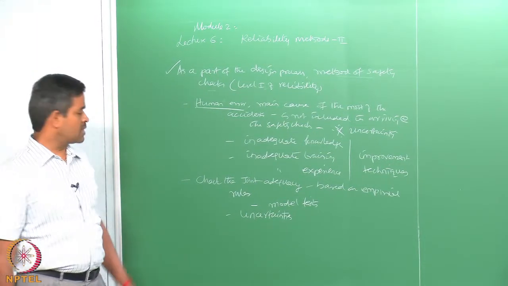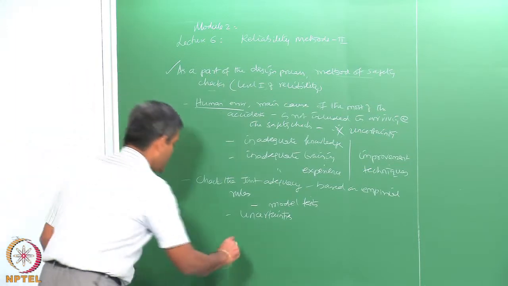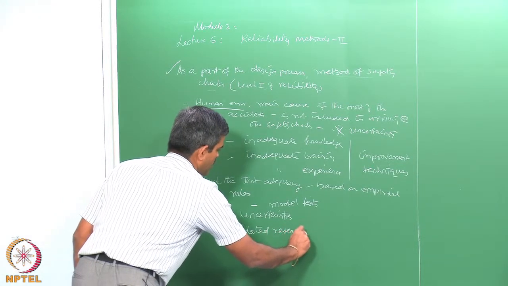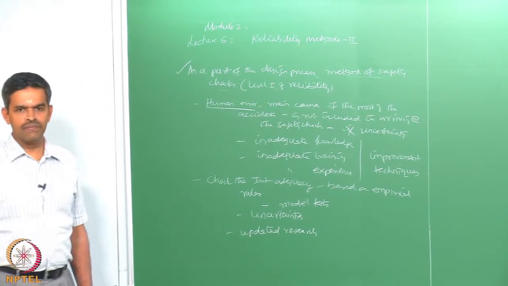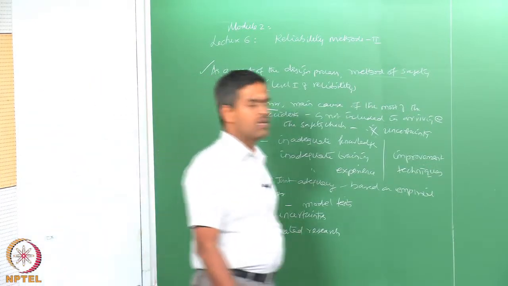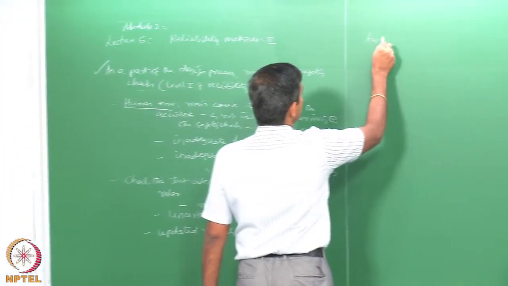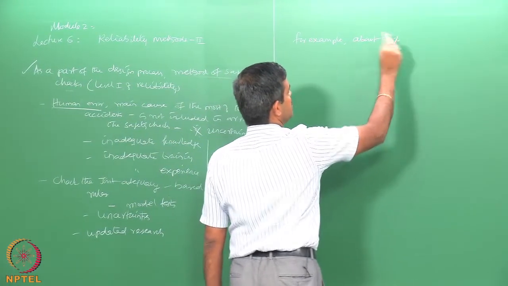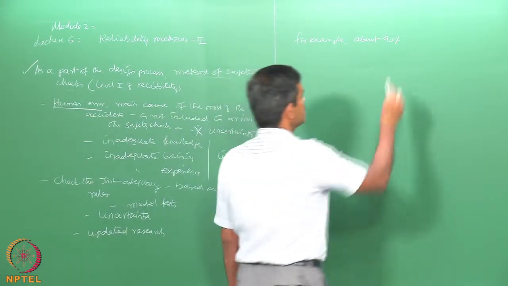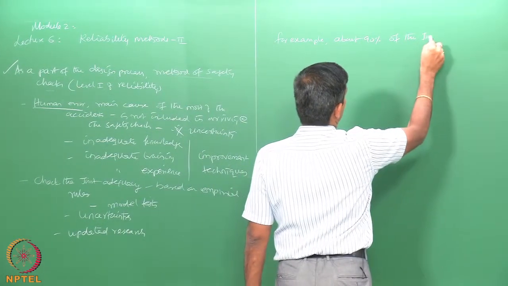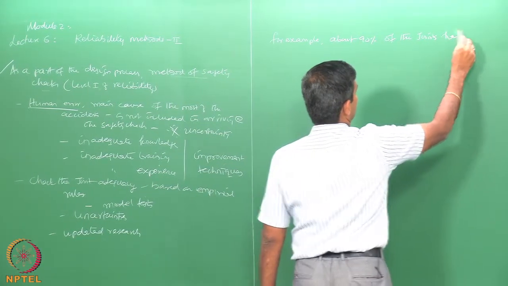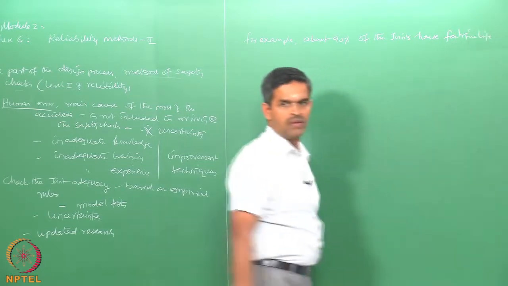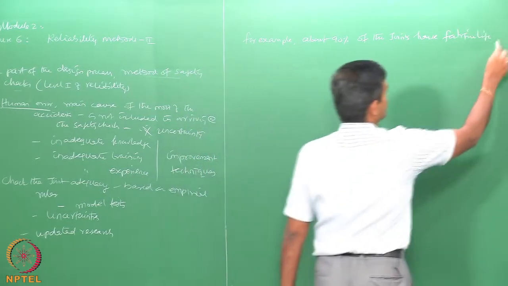So, one method by which this can be improved upon is updated research. So, this has been updated continuously. I can give a classical example on this. Let us say, for example, about 90% of the joints have fatigue life in excess of 1000 years.